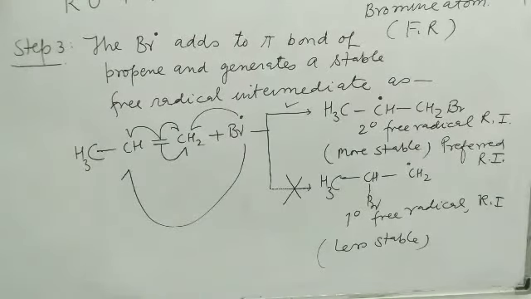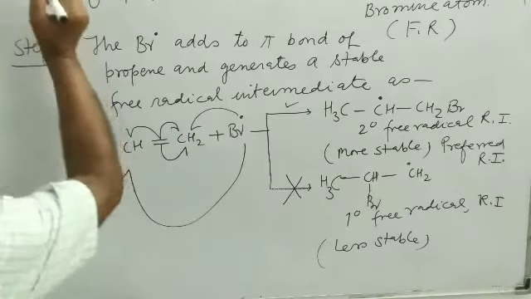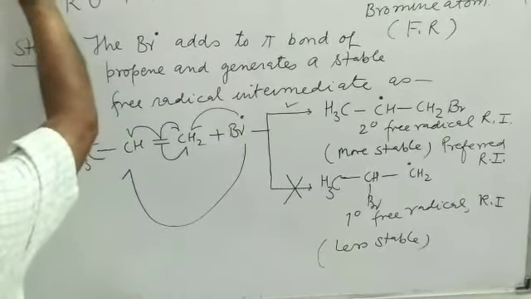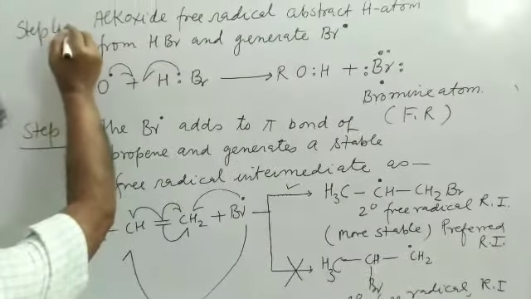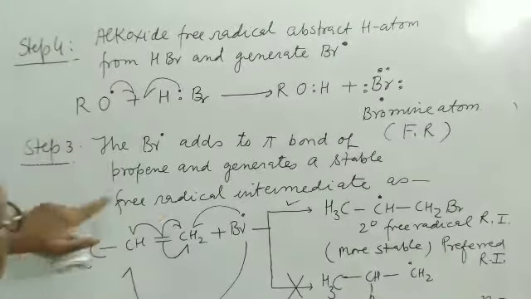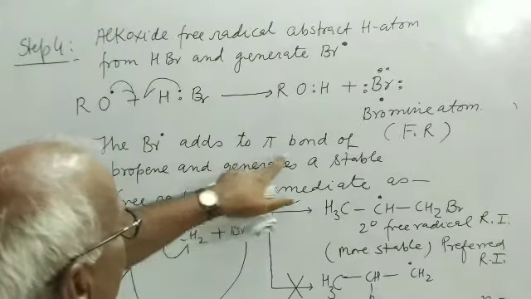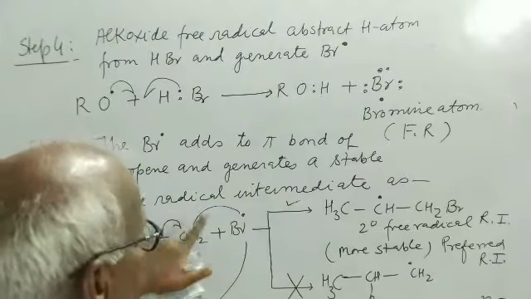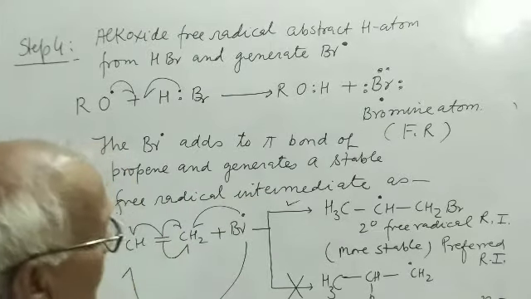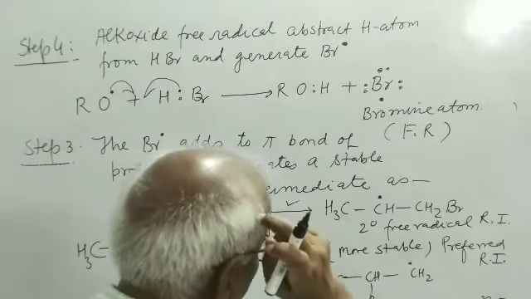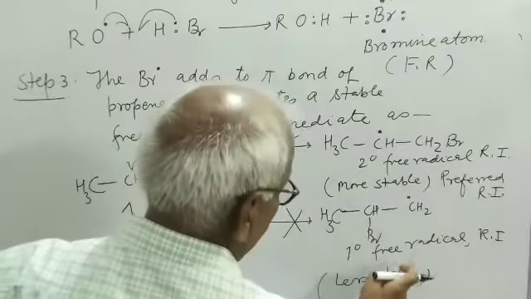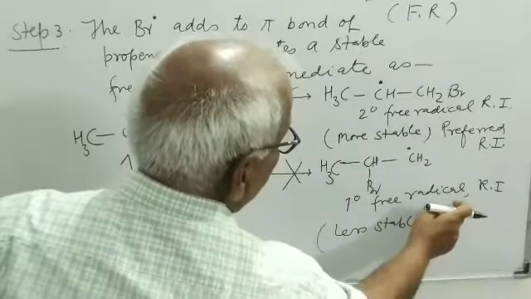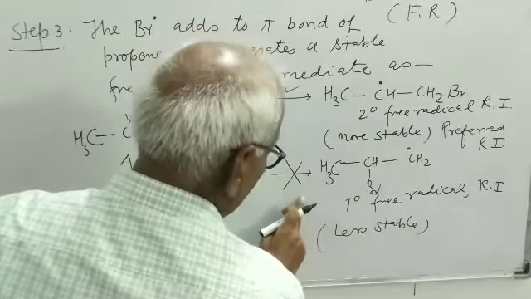So this is the 2 degree free radical reaction intermediate, and this is the 1 degree free radical reaction intermediate. This is preferred and this is not preferred.